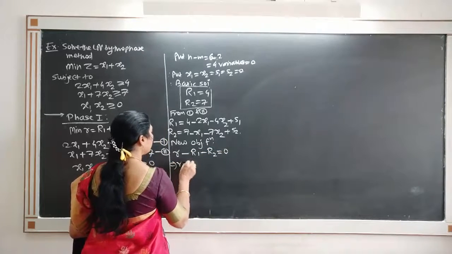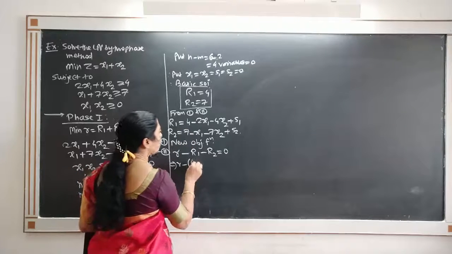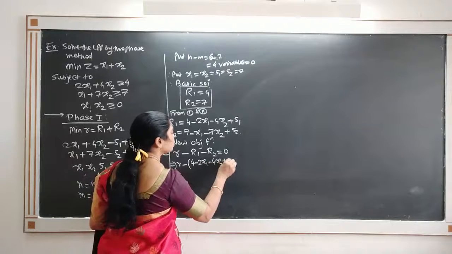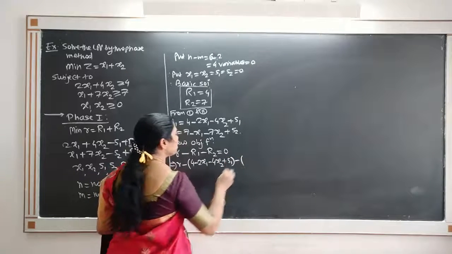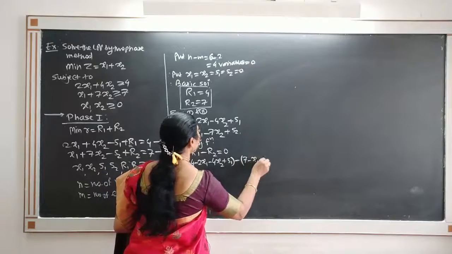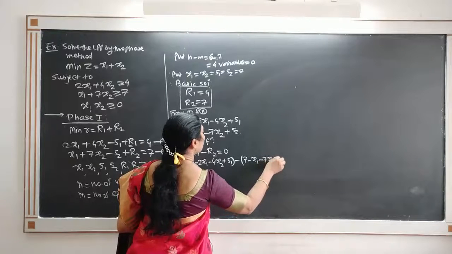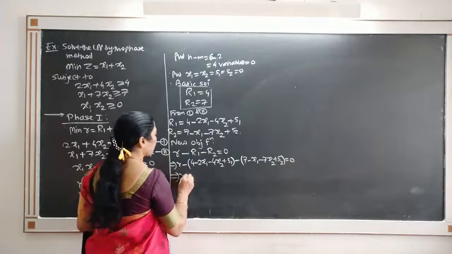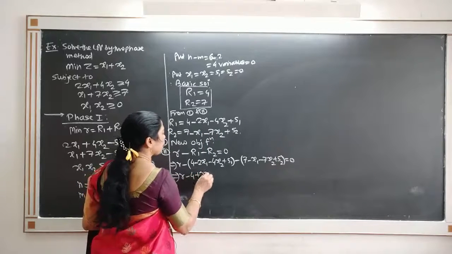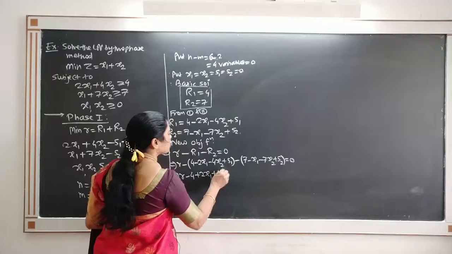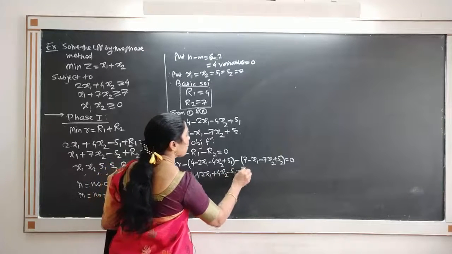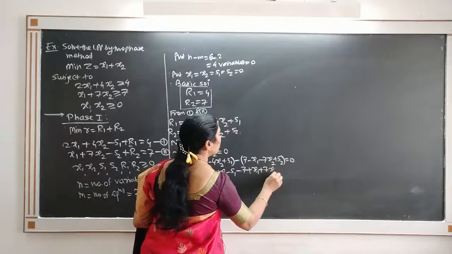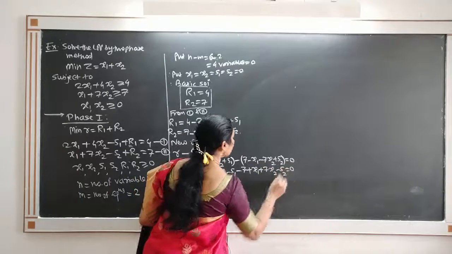That is r minus (4 minus 2x1 minus 4x2 plus s1) minus (7 minus x1 minus 7x2 plus s2) equal to 0.